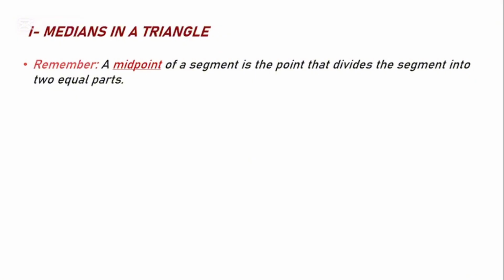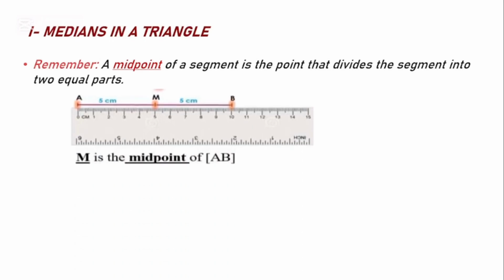Imagine cutting a segment into 2 equal pieces. This is the midpoint. For example, this is segment AB of length 10 cm. So the midpoint of AB must be on 5 cm, which is the half of 10. It cuts AB into 2 equal parts. AM equals MB equals 5 cm.